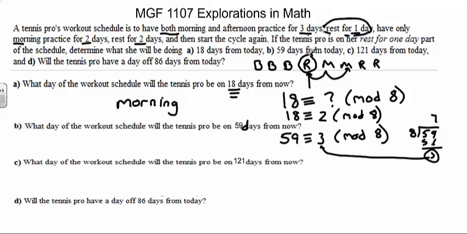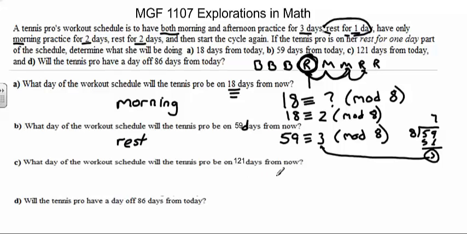At least the tennis pro will have the same type of practice schedule 59 days from today as it will 3 days from today. So 3 days from today will be the first day of rest on the double rest period. So we'll just put rest.